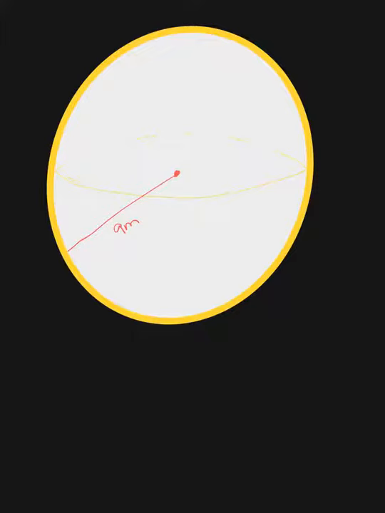So if I want to find the total surface area of that sphere, that's where I'm going to use my 4 pi r squared, 4 circles. And I'm just going to plug in for that r is 9. So I'm going to have 81 times 4 pi, and I'm just going to put that into my calculator.